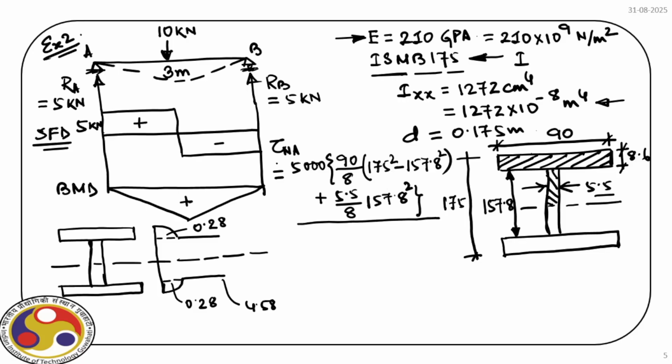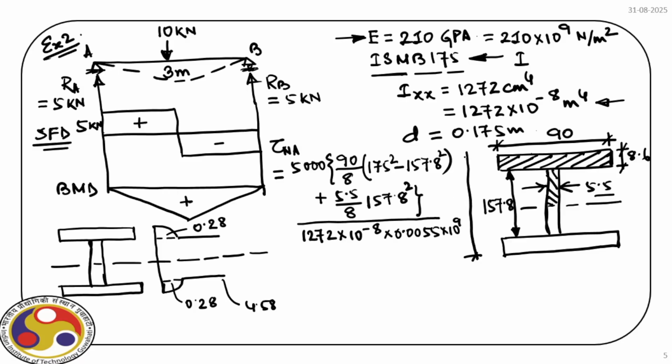So VQ divided by I, 1272 into 10 to the power minus 8 times we have b, which is 0.0055, and we also have 10 to the power 9, right?